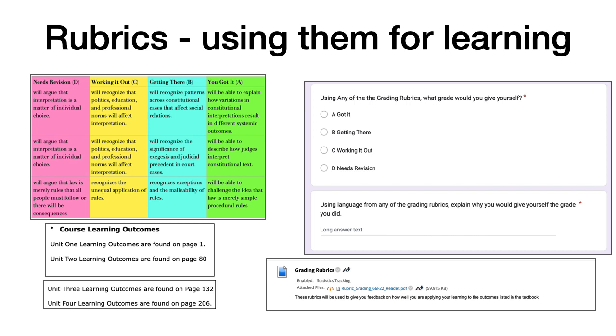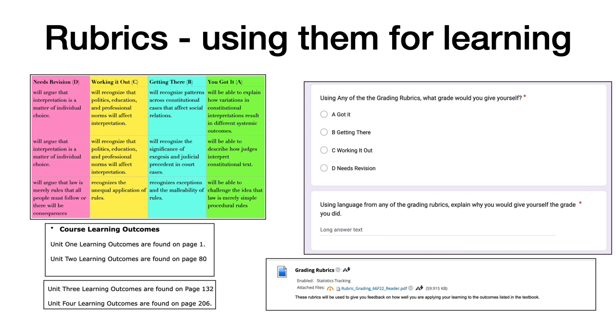And so there's a space for us to say, in order for you to go from a C to an A, we have to focus your energy on how these procedural rules get worked out by people, and why unequal social relations have any influence over that. This gives us a way of tracking your progress. I'm also going to give you the opportunity on the final exam to give me a grade based on at least one of these grading rubrics, right?